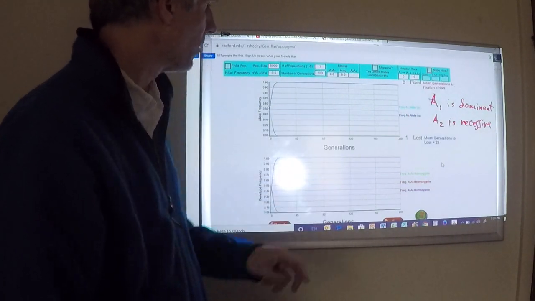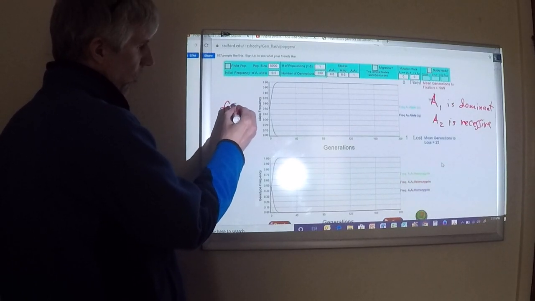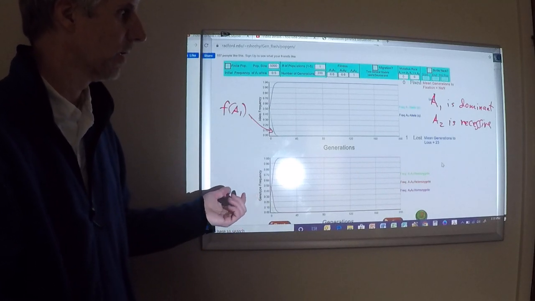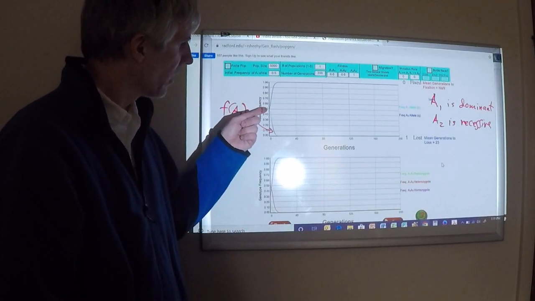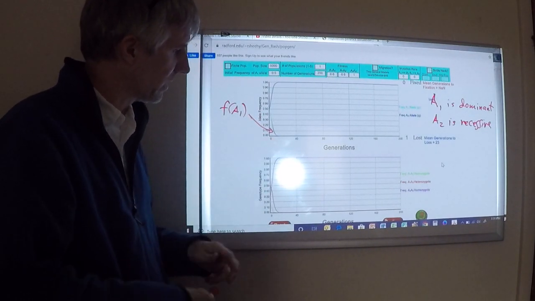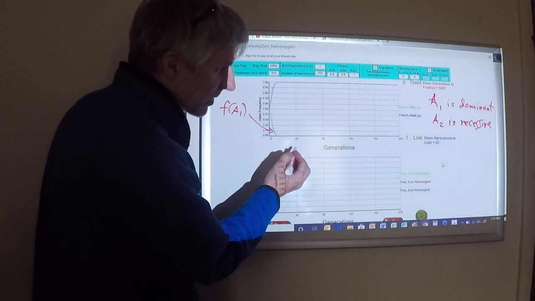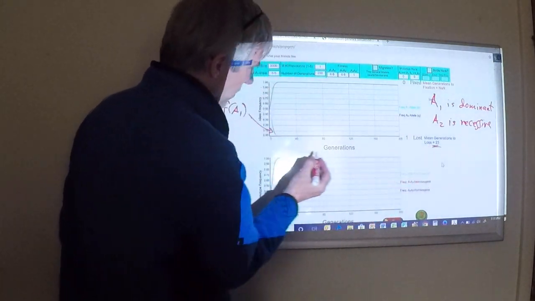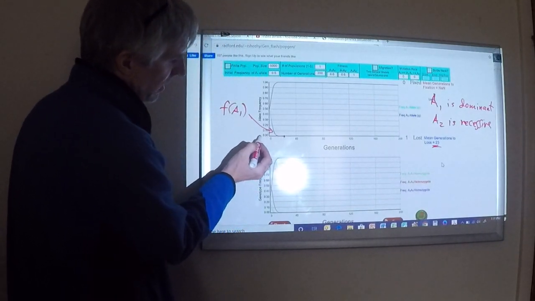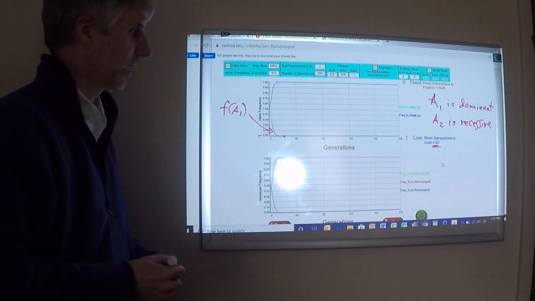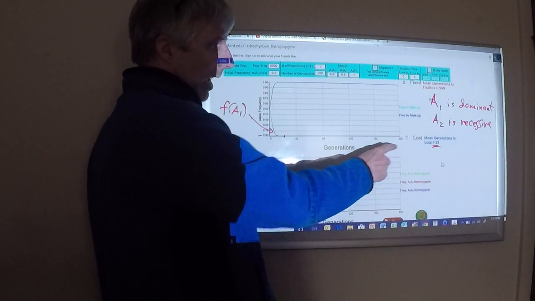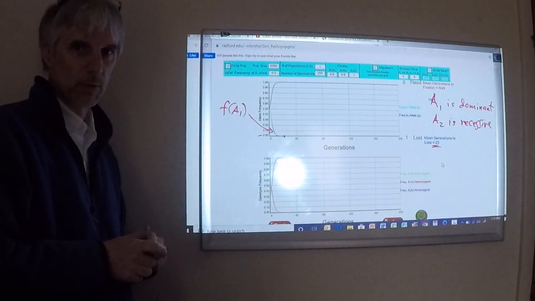The light blue is the frequency of the A1. Right? So this is the frequency of the A1 allele. And what happened? Well, very quickly in the population, the frequency of the A1 allele began to drop, and at some point here, 23 generations in, this curve hit 0. That is, we fixed the A2 allele, and we lost the A1 allele.